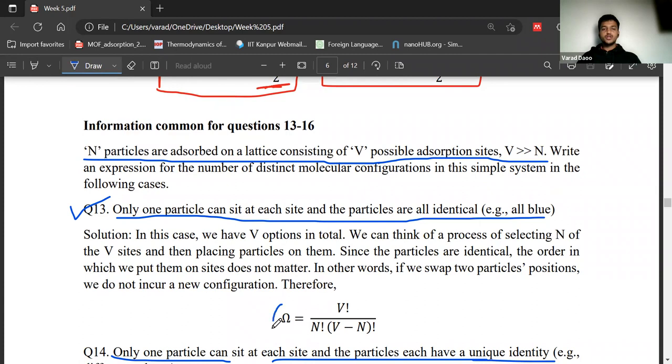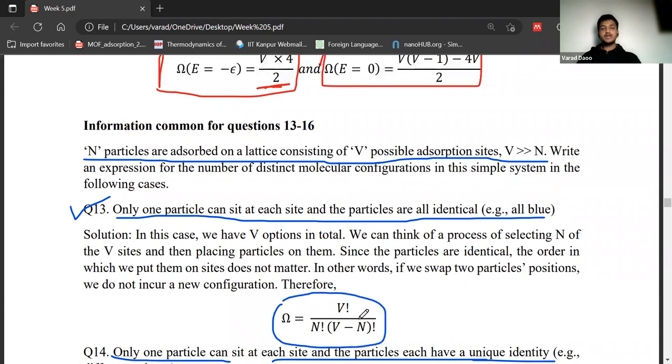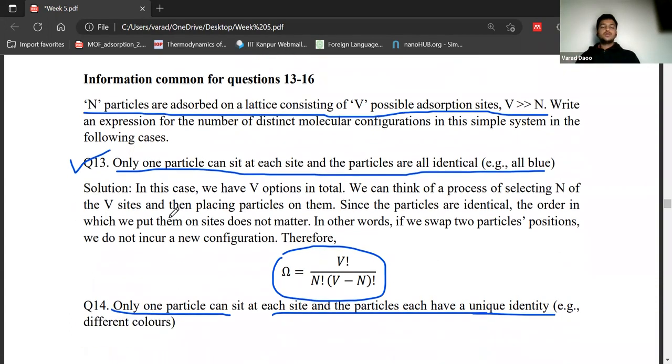The correct answer is this: the total number of ways is B factorial divided by n factorial into (B minus n) factorial. Anybody got it? So what is the explanation? I hope you will get it after you hear the explanation.